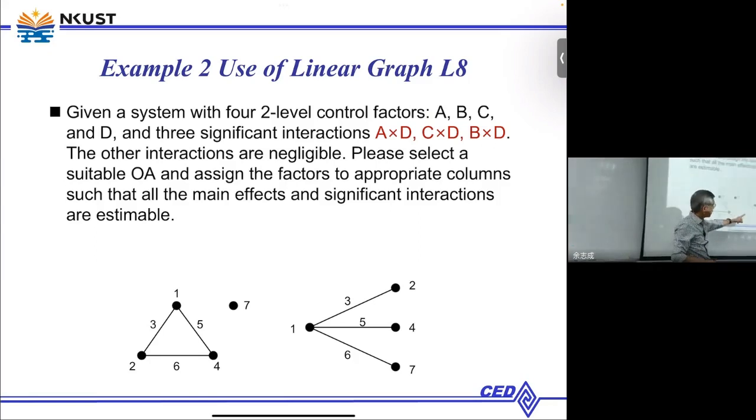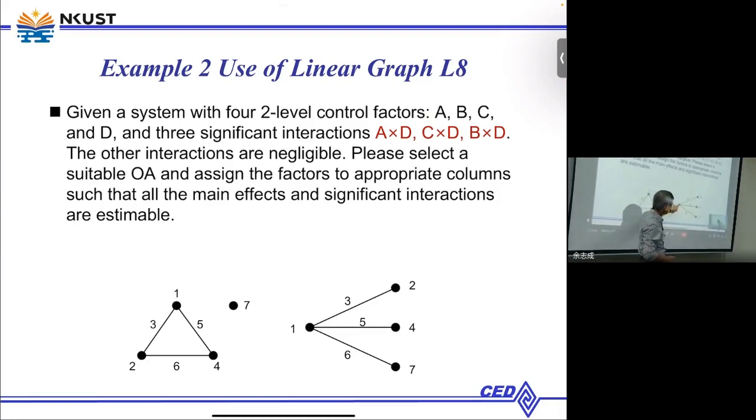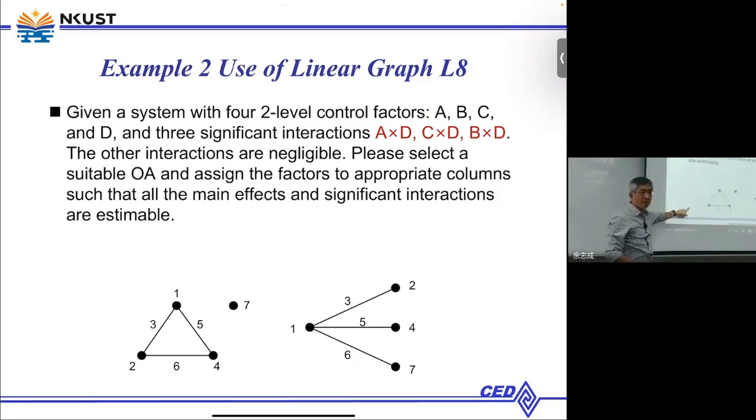From these 2 linear graphs, you can see this one is better, right? This one is more suitable because this linear graph has 1 dot which has 3 lines connected to it, unlike the first linear graph. In the first linear graph, only 2 lines connect to 1 dot.